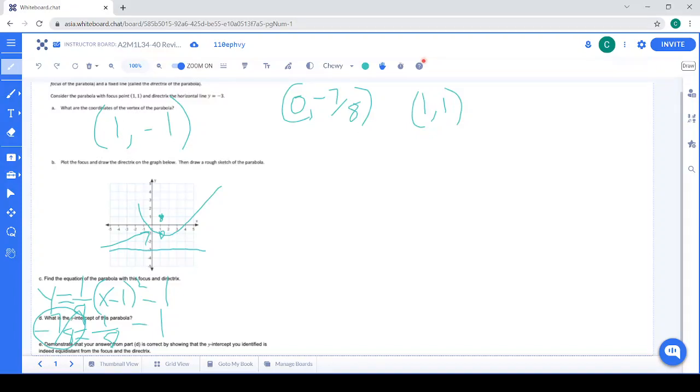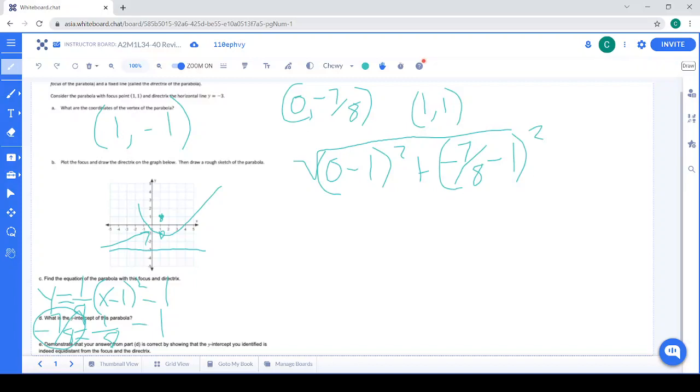Okay, so now let's plug this in. If we use the distance formula, x1 is 0. Whoops, I'll put a comma there. So, square root of (0 minus 1) squared plus (-7/8 minus 1) squared.